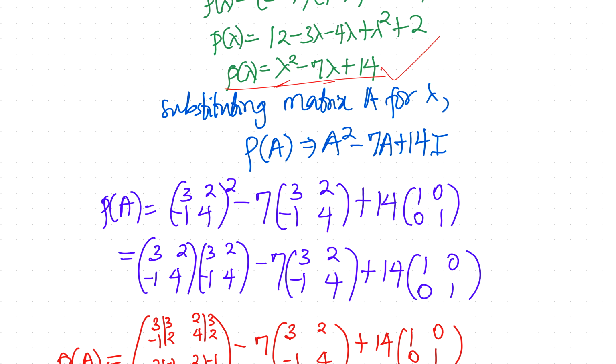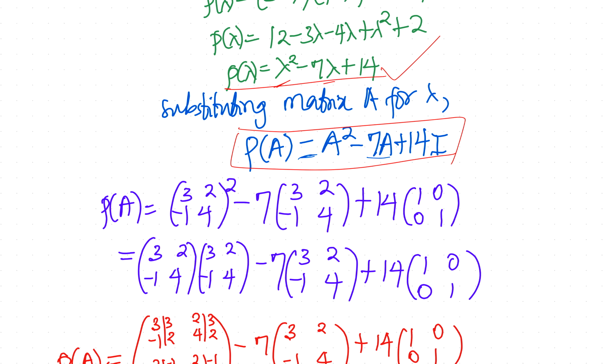So this becomes rho of A, which is equal to A squared minus 7A plus 14I. Now, this becomes 14I because you're dealing with a matrix now.